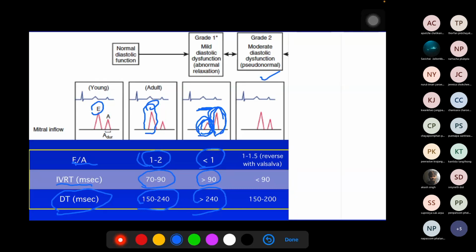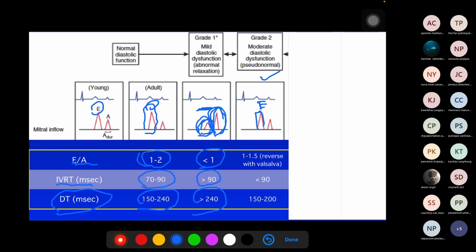So when the LA pressure is very high, when it starts the second phase of diastole, the E, it will show the exaggerated E-wave velocity again.